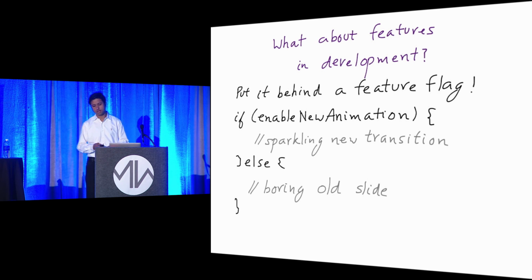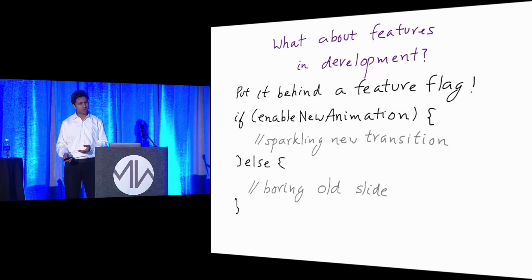For example, in this case, it's a new animation, right? If the feature flag is enabled, your new animation kicks in. It might be half-baked. But if the feature flag is disabled, it retains the existing animation. So that means that you can do small incremental commits, really step by step. And you don't have to break existing functionality to do that, because your new code kicks in only if the feature flag is enabled.